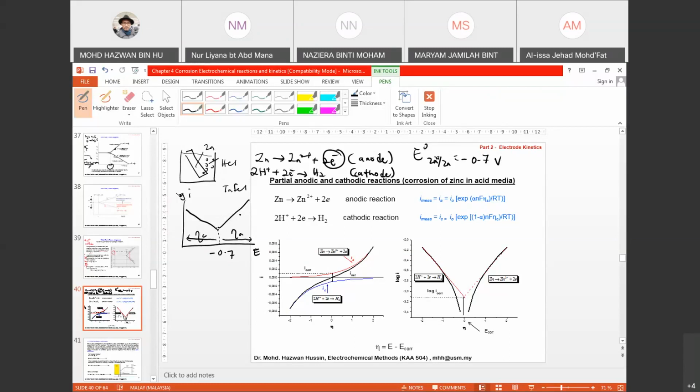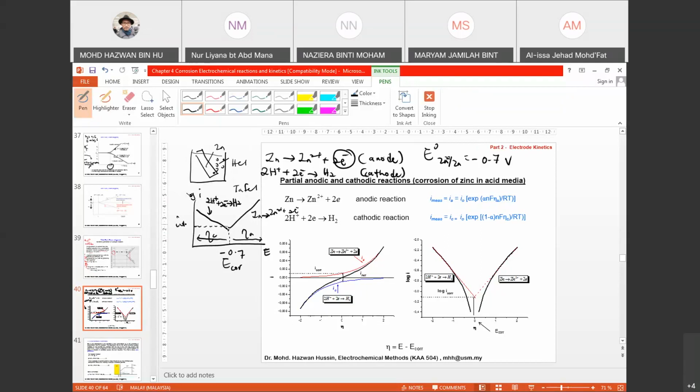This line accounts for the anodic reaction, zinc to zinc 2 plus and 2 electrons. Meanwhile, this line accounts for the formation of hydrogen gas. So in the end, you can get this point, noted as Ecorr, and this one noted as Icorr.